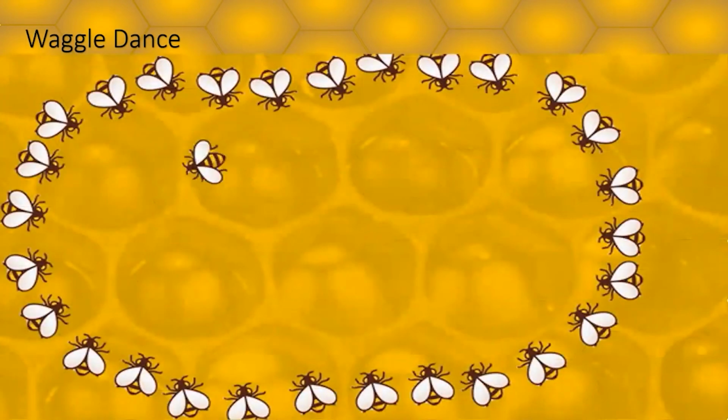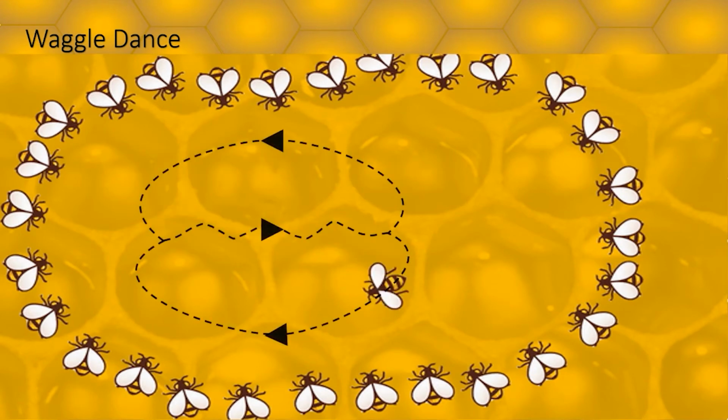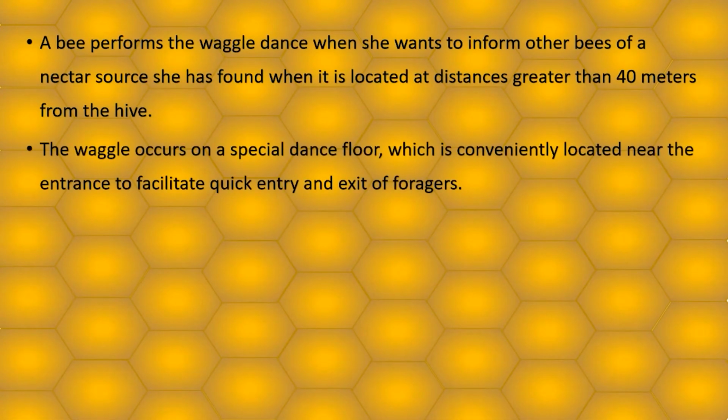Next is waggle dance. A bee performs the waggle dance when she wants to inform other bees of a nectar source she has found when it is located at a distance greater than 40 meters from the hive. The waggle occurs on a special dance floor which is conveniently located near the entrance to facilitate quick entrance and exit of foragers.